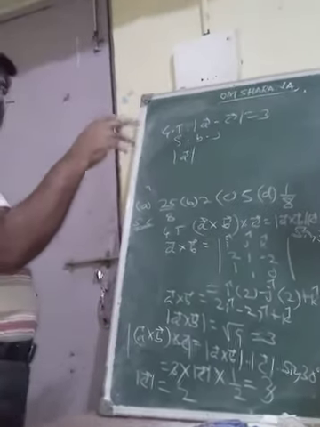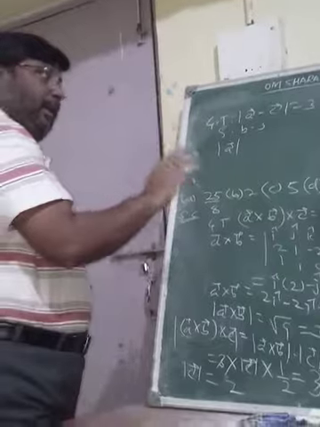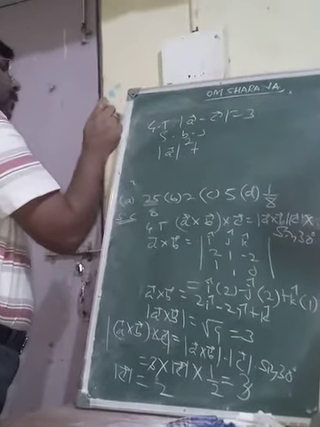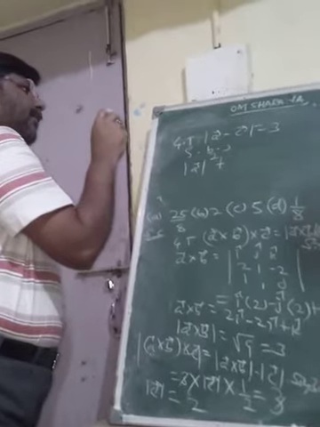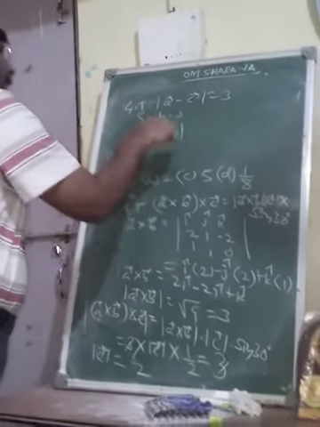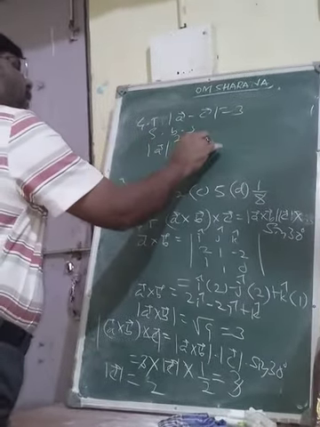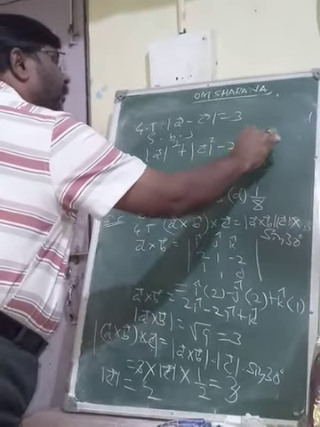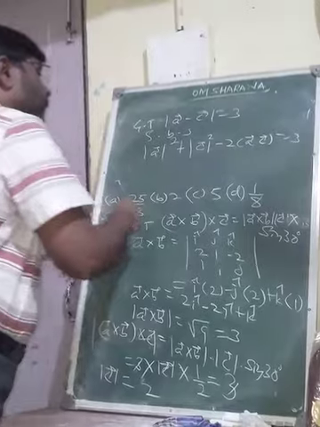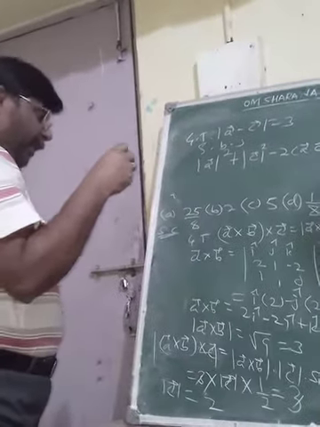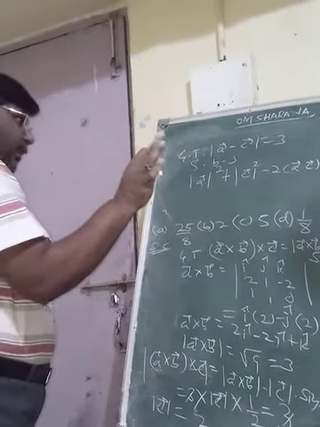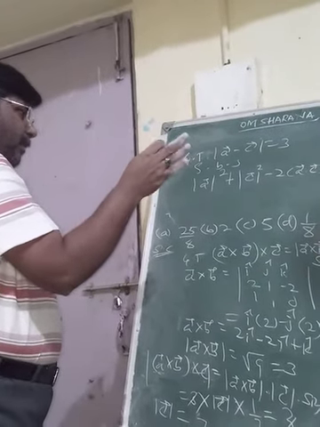The magnitude of A squared plus magnitude of C squared minus 2 times A dot C is equal to 3 squared. The magnitude of vector A is given in the problem.